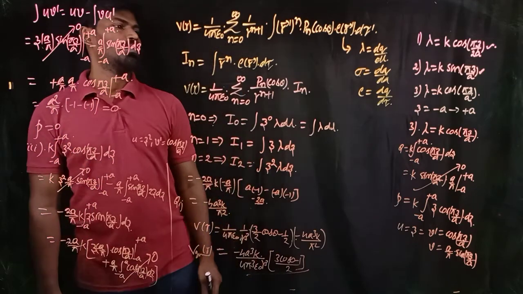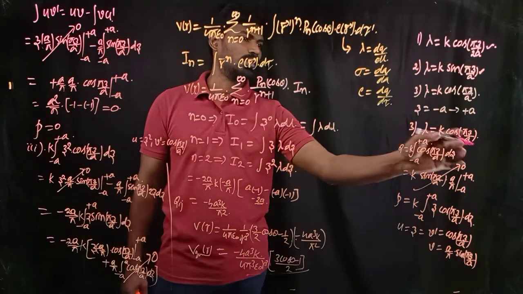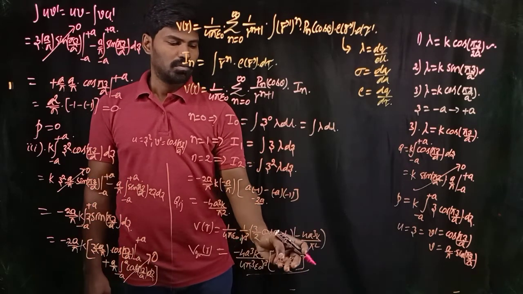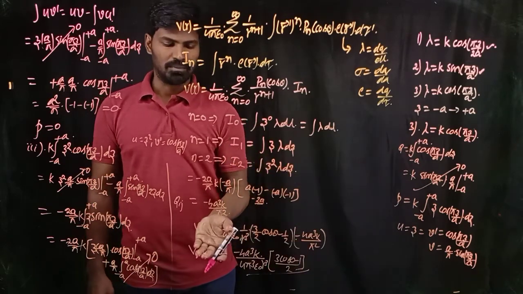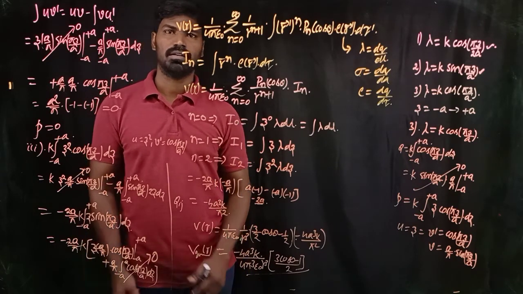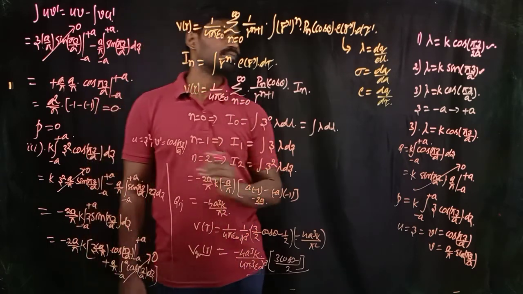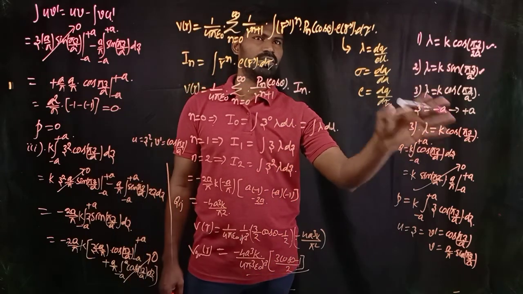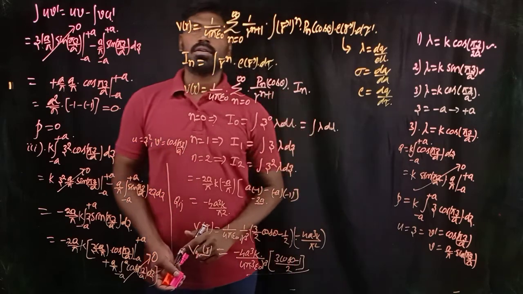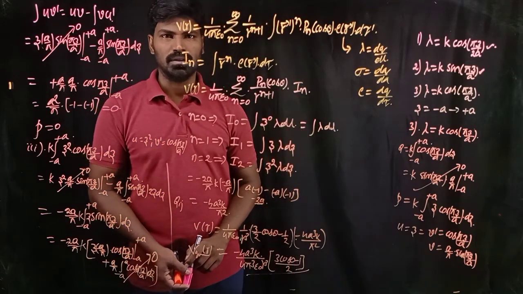This is the expression for potential due to this configuration. Of course, we can go for higher order terms also, but the octupole moment contribution when compared with this quadrupole moment is negligible, because of which I am not going for higher order terms. This is how, depending on the charge configuration, we evaluated this integral and calculated the leading terms in the potential.